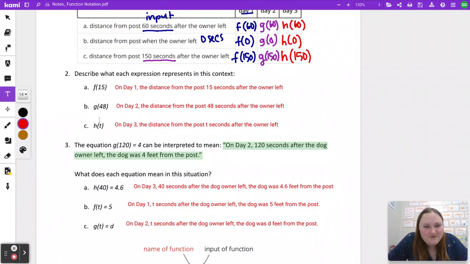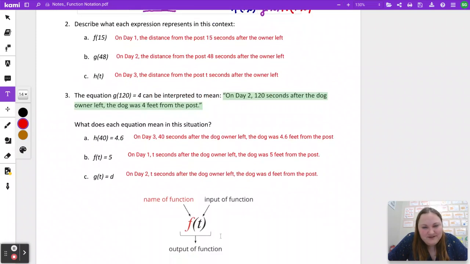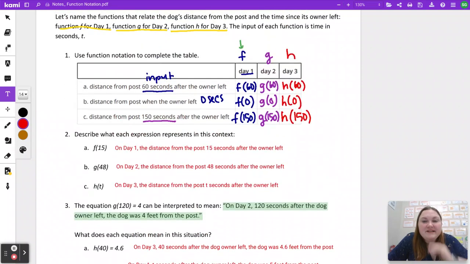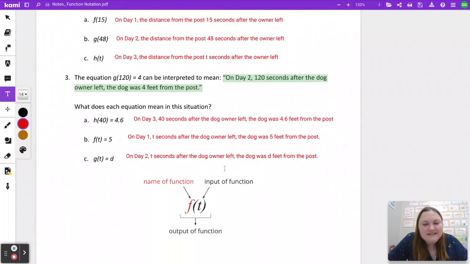But a quick summary of what we're seeing here with function notation is when you're given something like this, that variable or that letter outside the parentheses, that's representing the name of the function. So here, because we were talking about 3 different days, we had 3 different names for these function relationships. What goes inside is your input of your function.